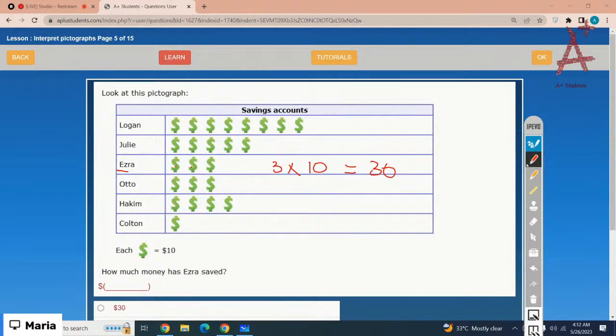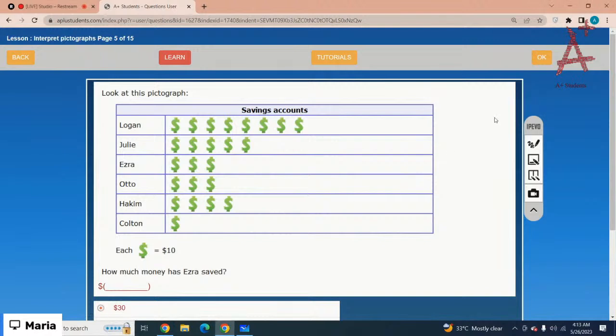Got it? So that means the money Azra saved is $30. So the correct option is $30.